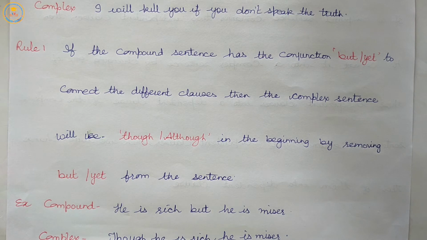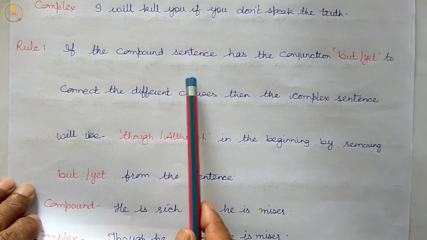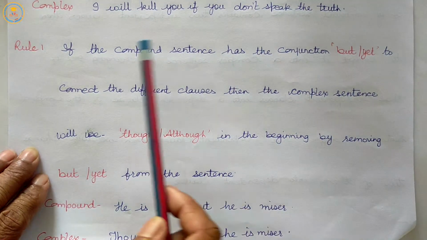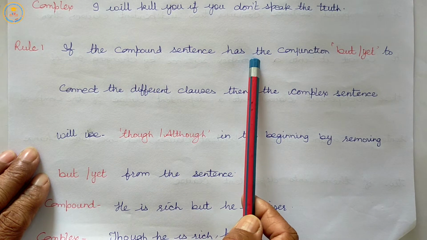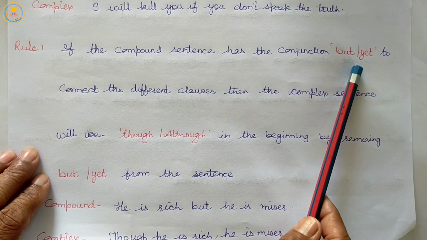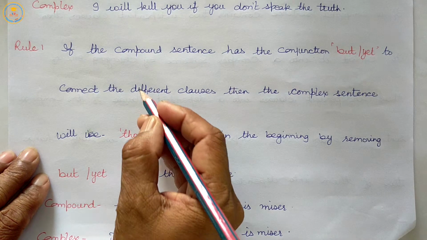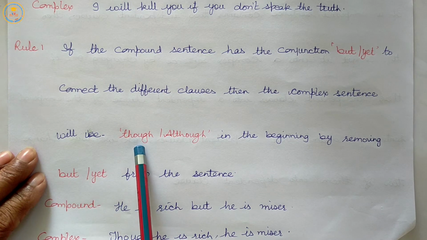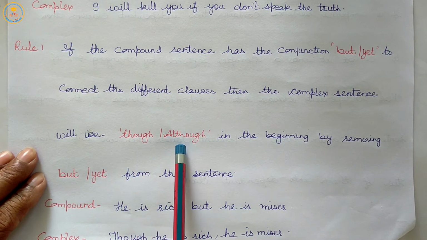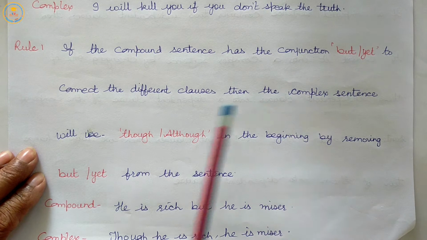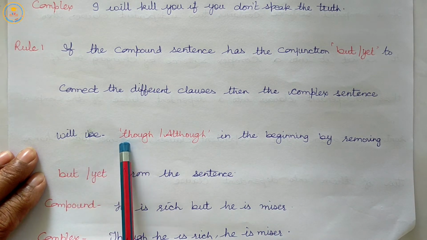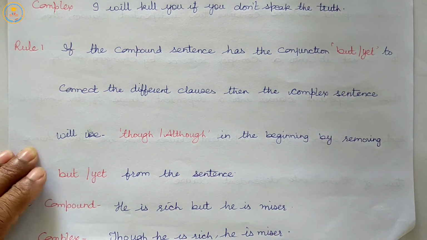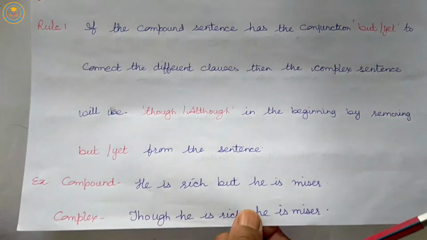Our first rule is, if the compound sentence has the conjunction but or yet to connect the different clauses, then the complex sentence will have though or although in the beginning, by removing but or yet from the sentence.